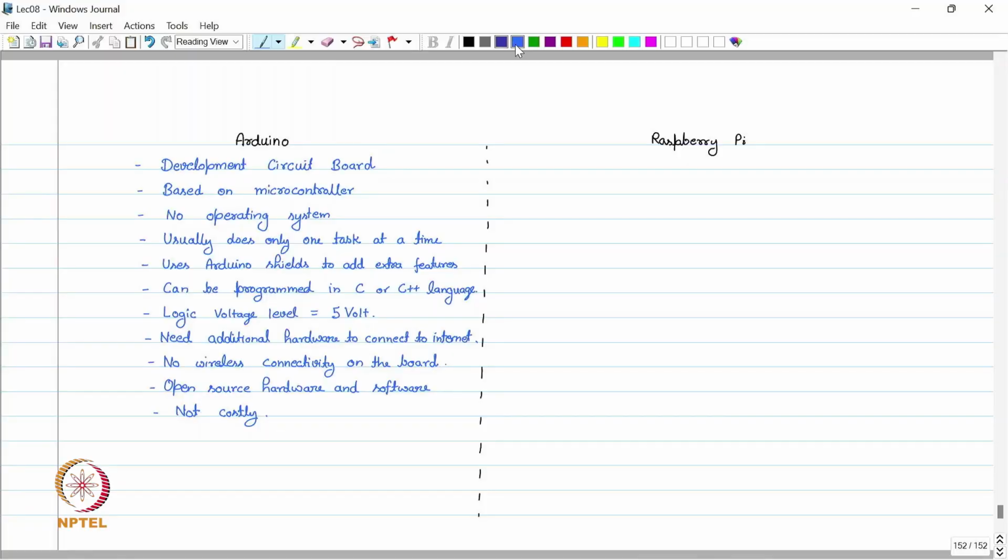Let's discuss the second very popular microprocessor now, which is Raspberry Pi. So here we have Raspberry Pi, which is a single board computer.